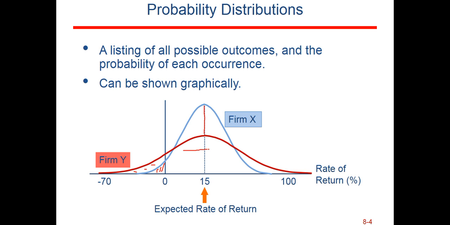One is wider, and the other one is narrower. That means this particular one, for Y, standalone risk, is higher. So there is a relationship between standard deviation, which is the shape of the curve, how wide the curve is, and the riskiness of the portfolio, as demonstrated here.